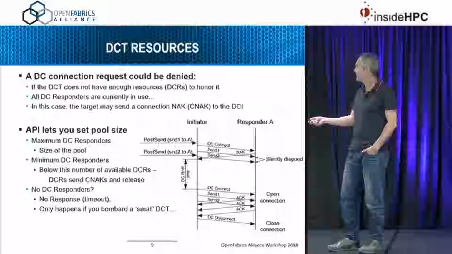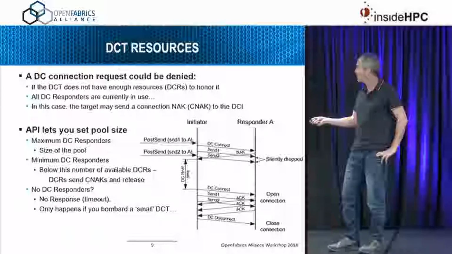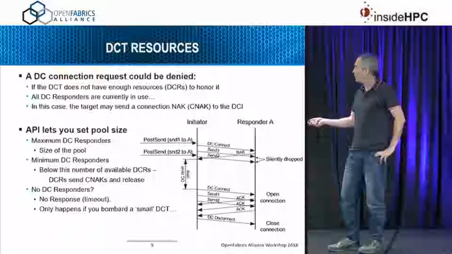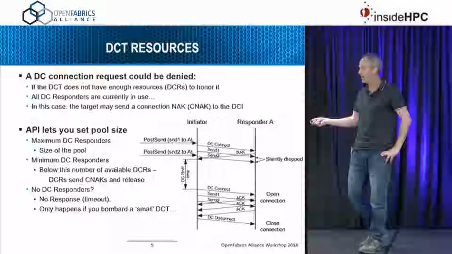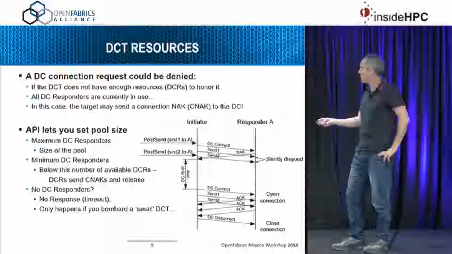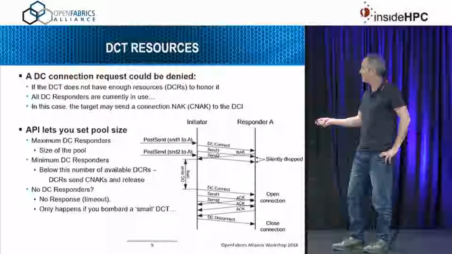So in this case, again, sending to destination A and sending again to destination A. We send, hardware tried to do the half handshake and immediately follow with a send operation, but on the responder side, there were no resources available. So there was, okay, sorry, in this case, there was a responder available, so it sent the NAC.